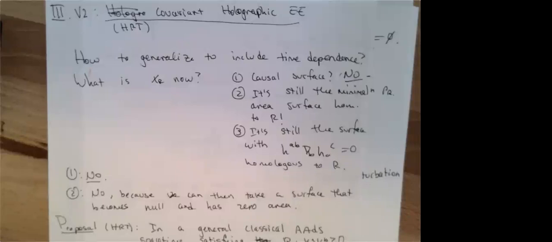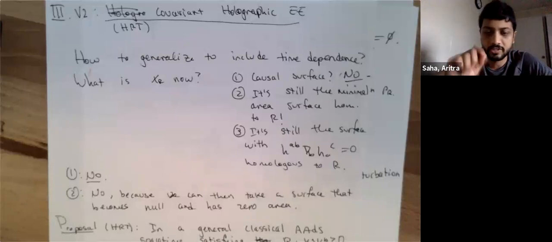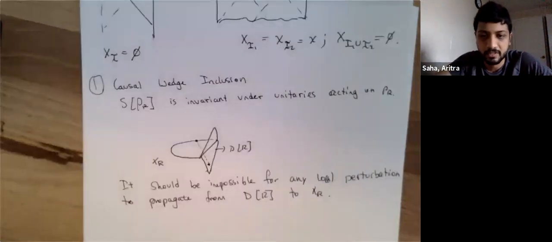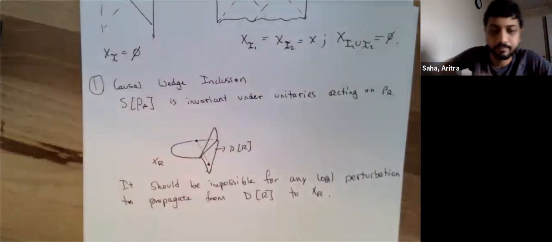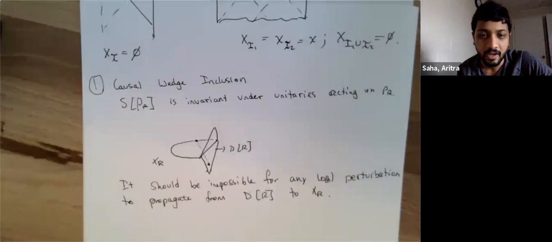Other questions? Towards the end, you were saying that if I include a unitary perturbation in the entanglement wedge, then it should not propagate all the way to the Liu-Takayanagi surface.